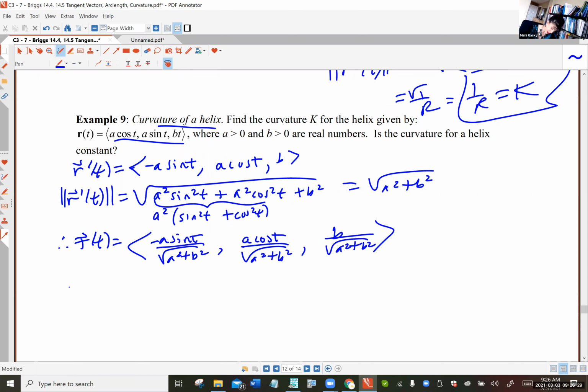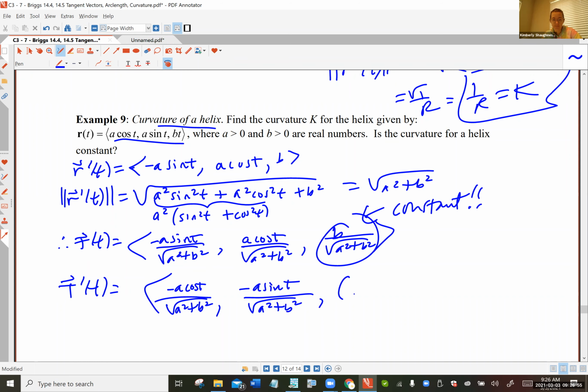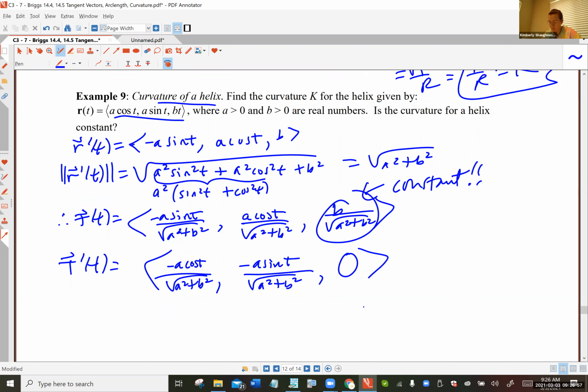Derivative of minus a sine is minus a cos, and these multiples stay there. Derivative of a cos is negative sine. So we've got negative a sine t all over square root of a squared plus b squared. And then, hey, this is a constant. And what is the derivative of a constant? 0. Thank you. Awesome.